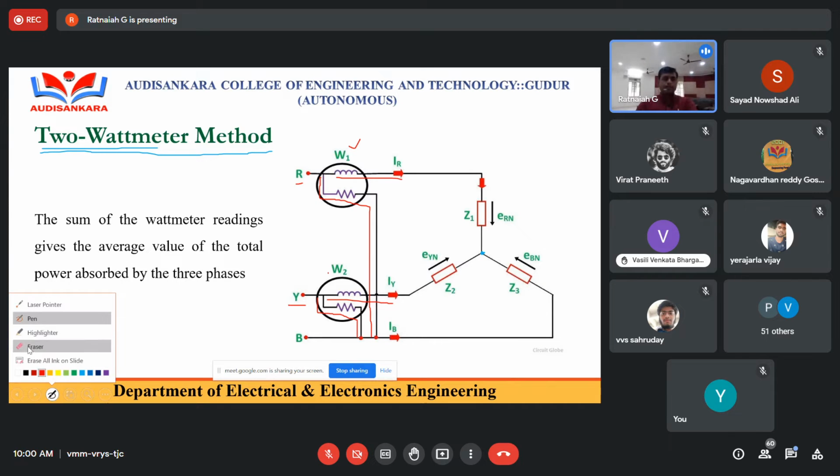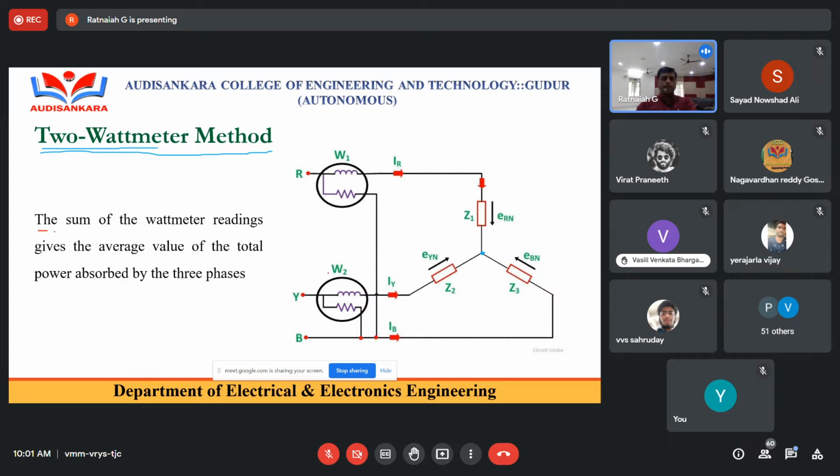Coming to the readings, I can explain how to take and measure them. What he is going to say here is that the sum of the wattmeter readings gives the average value of the total power absorbed by the three phases. Earlier I told you, to measure power, whether balanced or unbalanced, in the three wattmeter method you measure the readings and find the total power absorption: P equals W1 plus W2 plus W3.